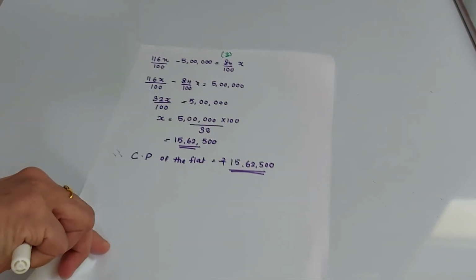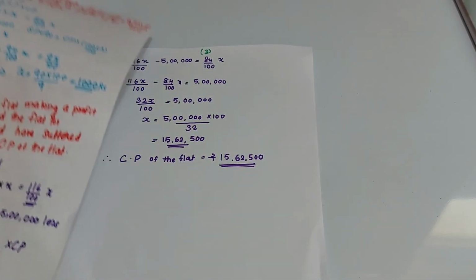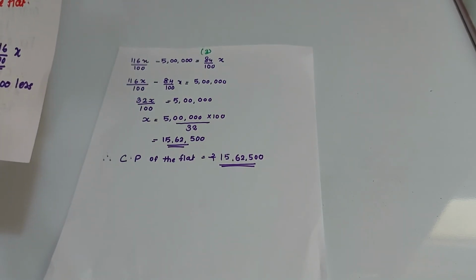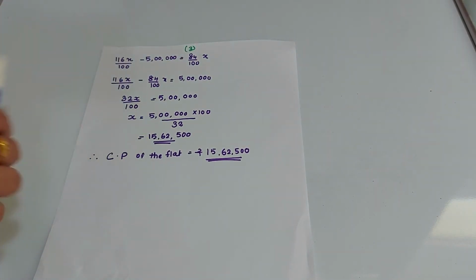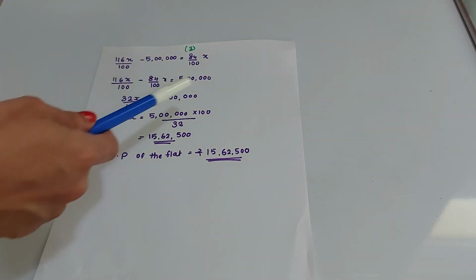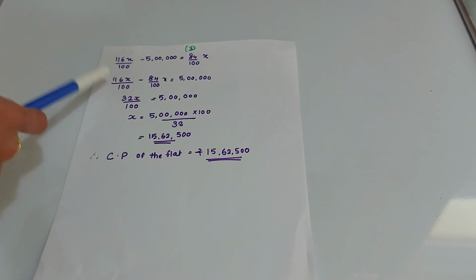Now SP is 116 by 100 into x. Substituting for SP, 116x by 100 minus 5 lakh equals 84 by 100 into x. Take the x terms to one side and 5 lakh to the other: 116x by 100 minus 84 by 100 x equals 5 lakh.